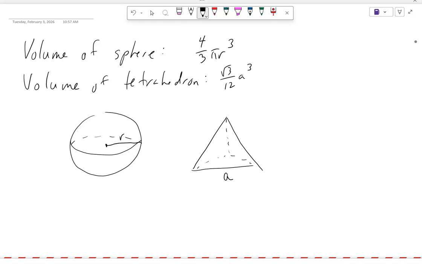Okay. We want total volume. So what do we want to do with those two quantities? Add them, yeah. So we want to take the 4/3 pi r cubed and add the square root of 3/12 a cubed. So that's the function that we want to minimize.